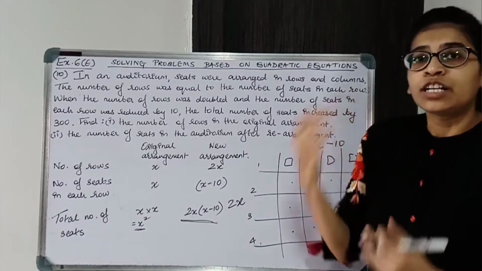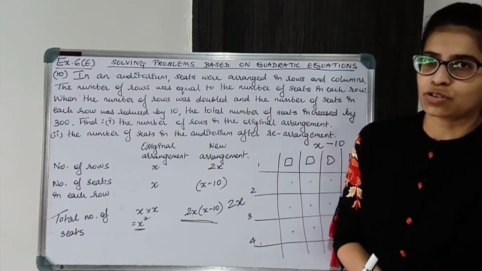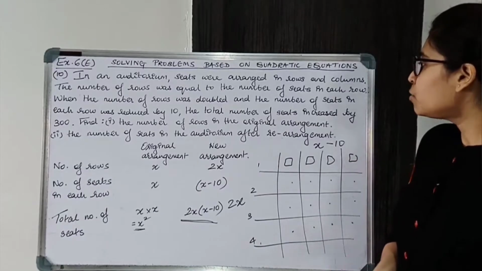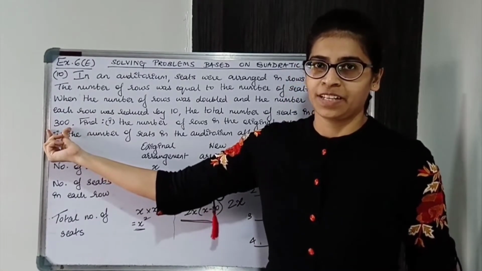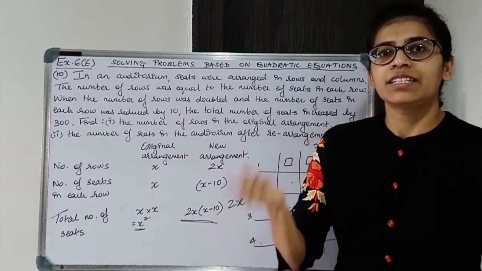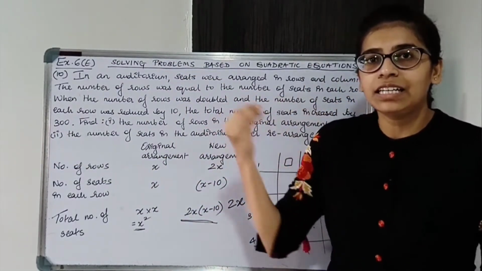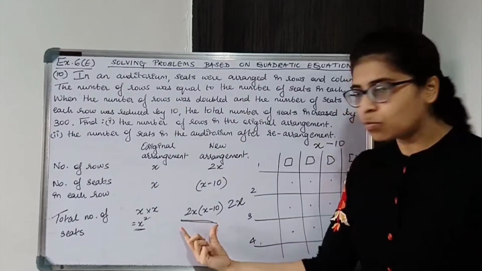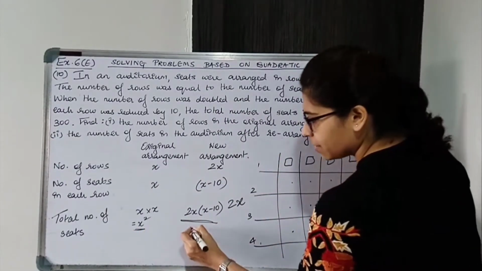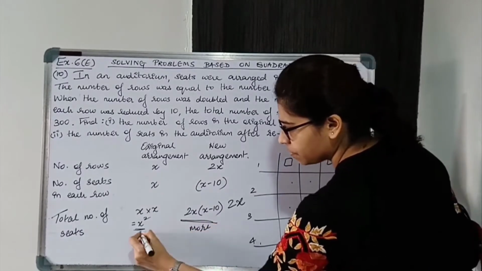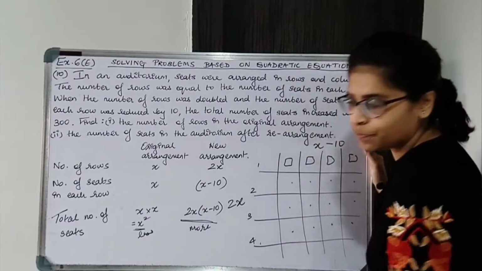Now what is the condition part? That will give us the equation. So the total number of seats increased by 300. In the new arrangement, the seats have increased by 300. So here there are more seats, here there are less seats. What do we normally do?